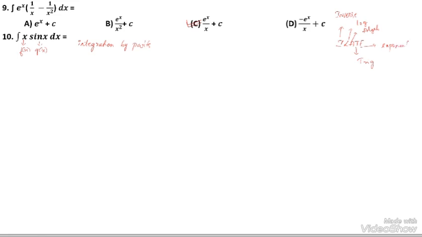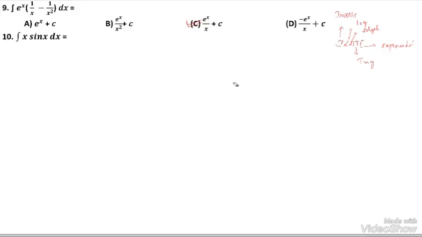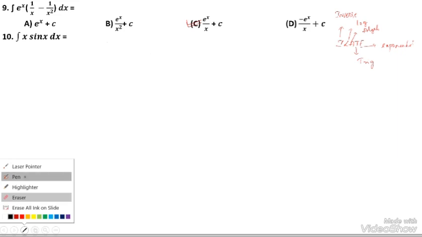Based on the preference, we can solve the problem easily.